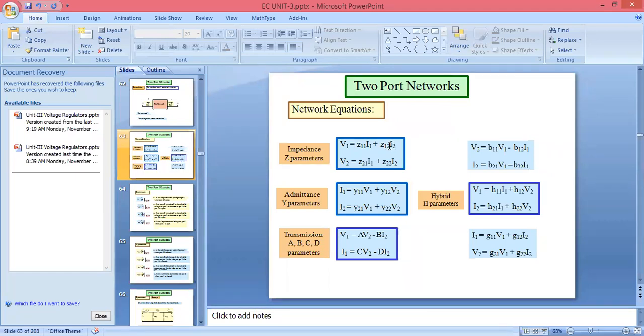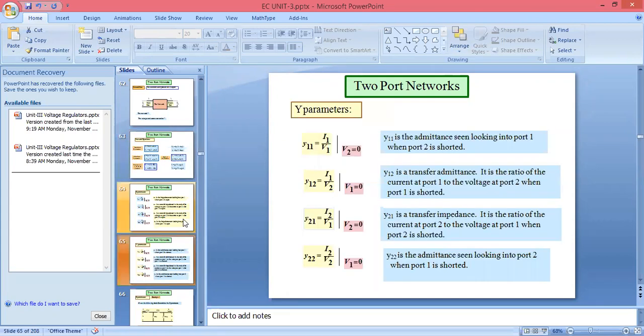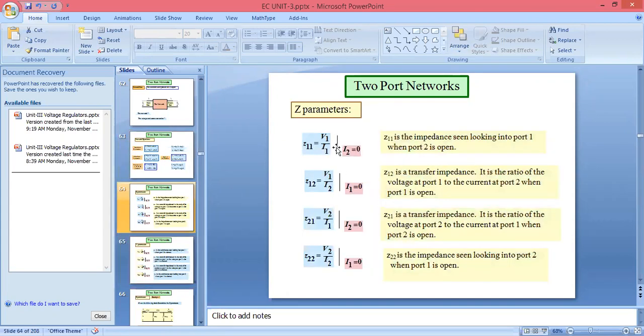It means by using these network equations for the Z parameter, you will get the equations for the Z. Z is nothing but impedance. So you will get these four equations for Z11, Z12, Z21, Z22. How will you get them? You consider only one current and consider the second port as open.